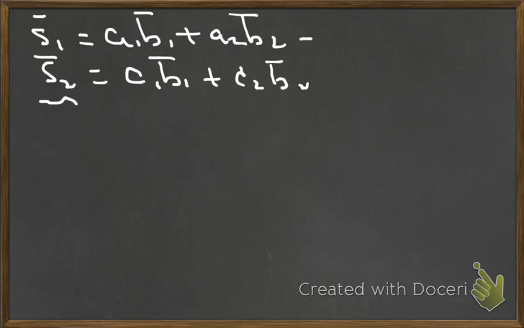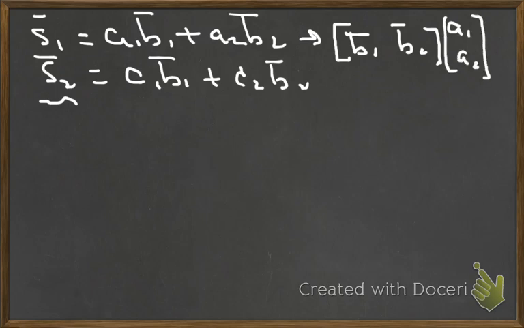If we look at this first system, we have that some matrix that contains the vectors B1 and B2 as its columns times A1, A2, the unknowns, will be equal to S1.